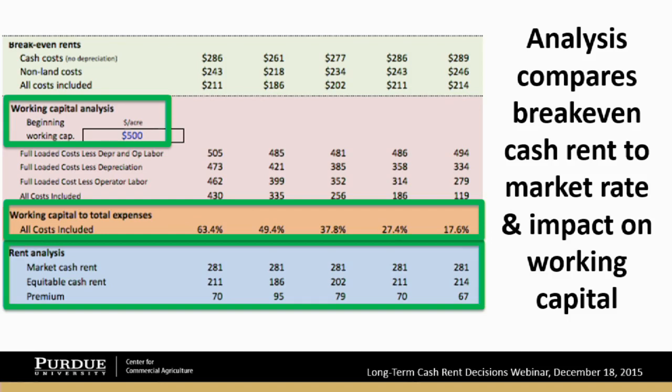Let's talk philosophically, Jim, about even if you could afford to pay this premium, would that necessarily be a good idea? Well, that's an individual decision, right? And that's the purpose of the spreadsheet, to allow you to compute that and understand the premium you're paying and understand the impact it's having on your liquidity over time and ultimately your solvency.